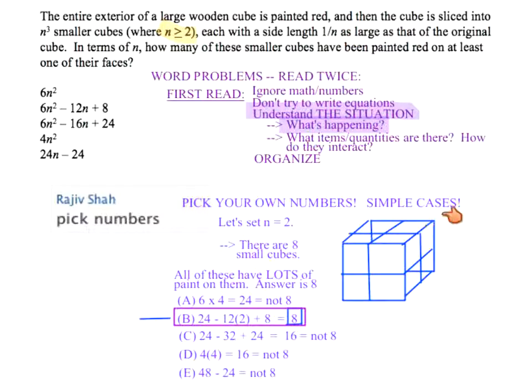If n is 2, it means you're cutting it up so there are 2 cubes this way, 2 cubes that way, and 2 cubes that way, and so on. You might have to think about that for a little bit, but make sure you do if you have to. So there's that. Casey, let me know if that makes sense.